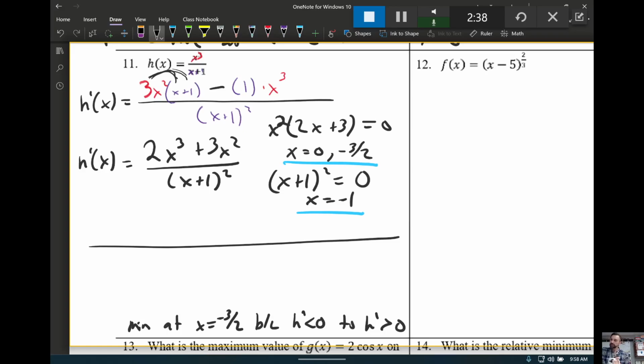So we really need to test around 0, around -1, and around -3/2.